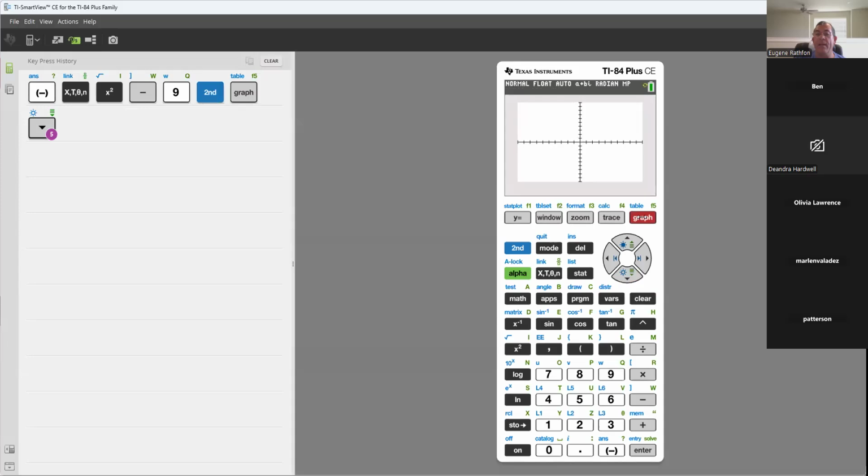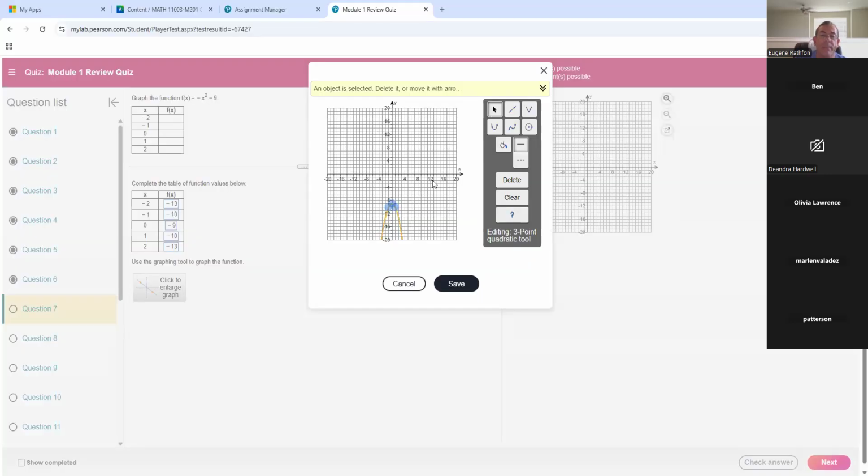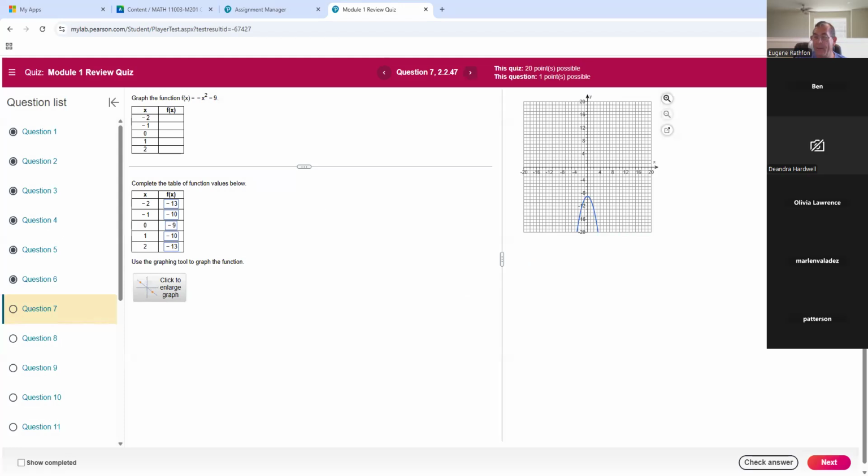And then to look at it, hit graph, and there we go. You don't see as much on our calculators because our windows are set at 10 by 10. And on MathLab, that's going out to 20. Okay. All right, y'all, save that graph and then next.